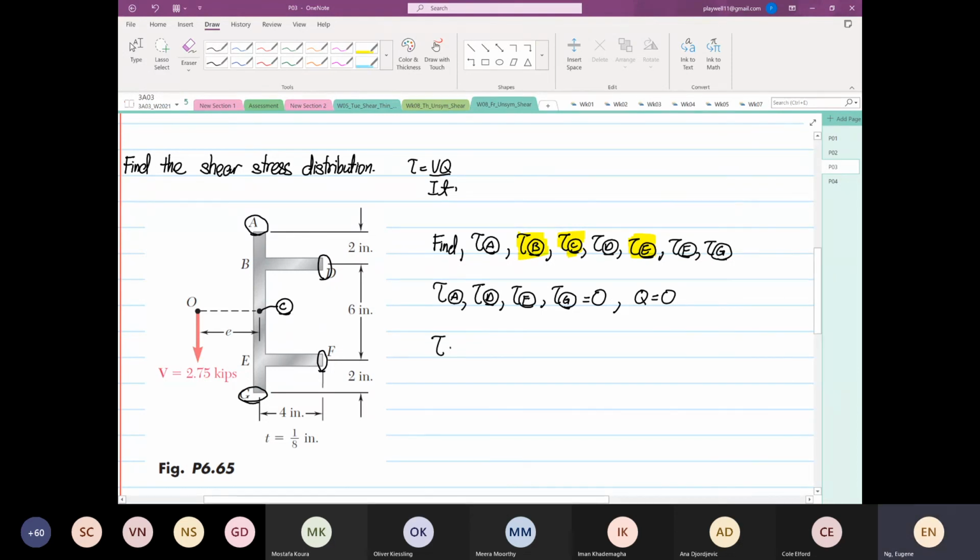At point E. At point B, there are 3 shear stresses. I want you to take note. This is important. At point B, there are 3 shear stresses.